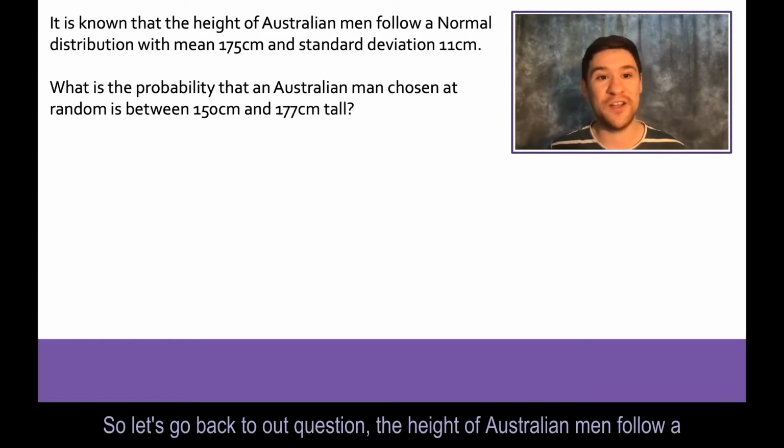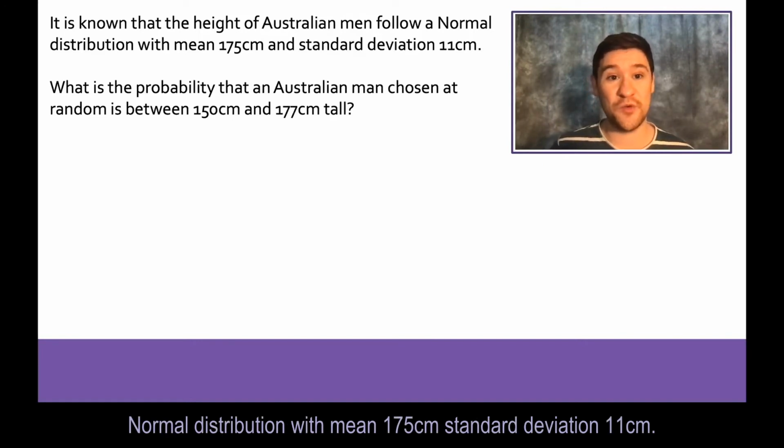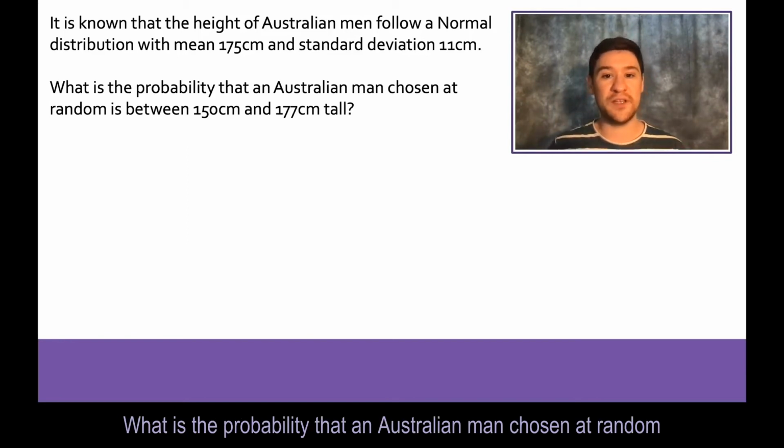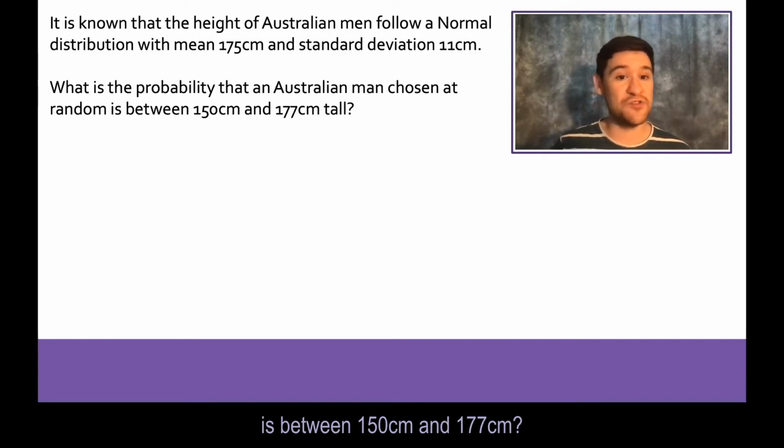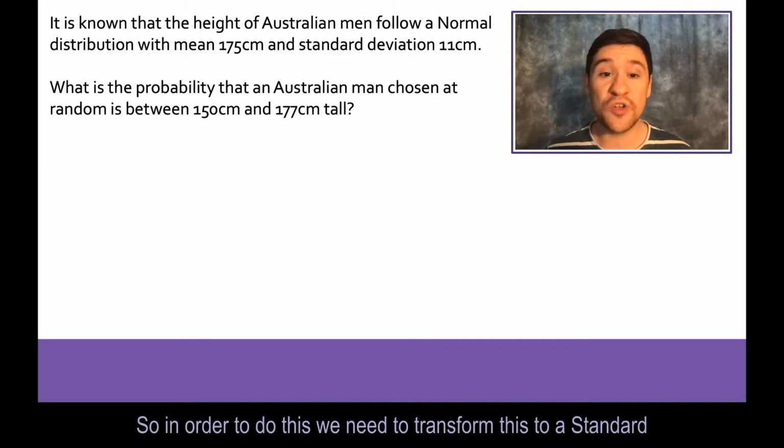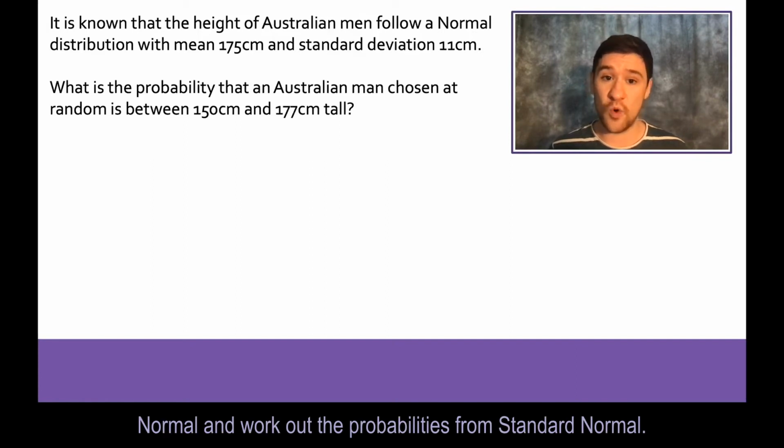So let's go back to our question. The height of Australian men follow a normal distribution with mean 175 centimetres and standard deviation 11 centimetres. What is the probability that an Australian man chosen at random is between 150 centimetres and 175 centimetres? So in order to do this, we need to transform this to a standard normal and work out the probabilities from the standard normal.